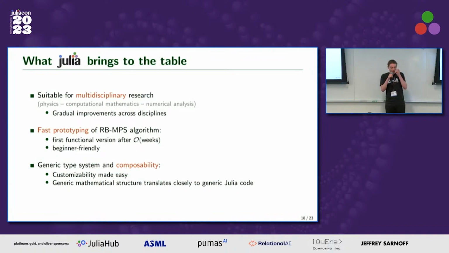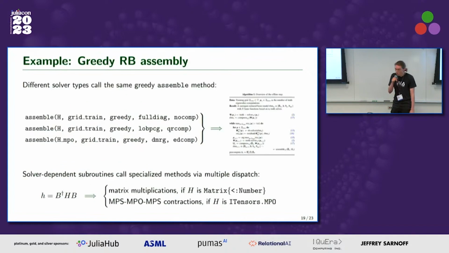In our case, it made customizing the code quite easy. In particular, the generic mathematical structure of reduced basis theory translates very well into generic Julia code with generic types. To make this more concrete, I have a quick, simple example.